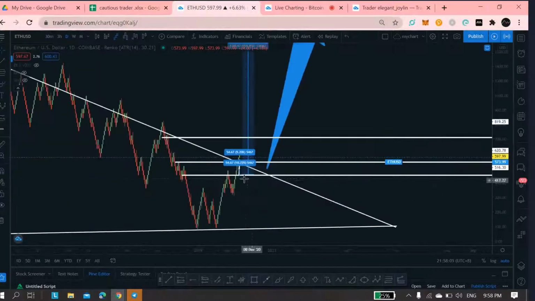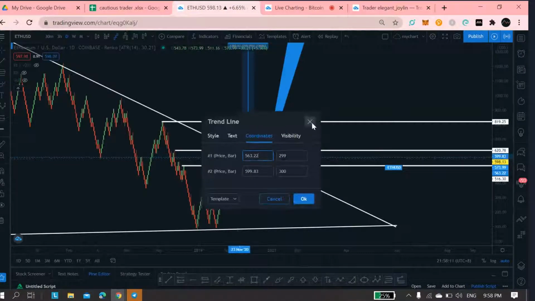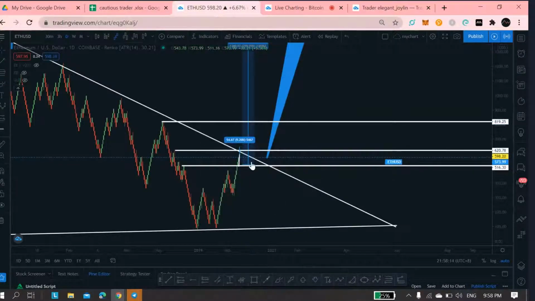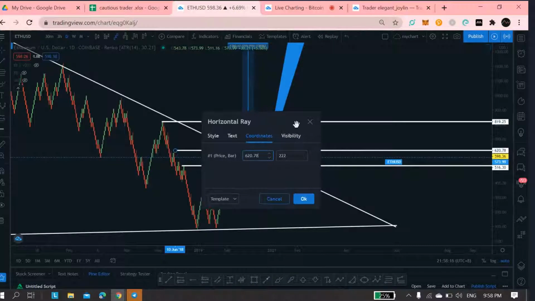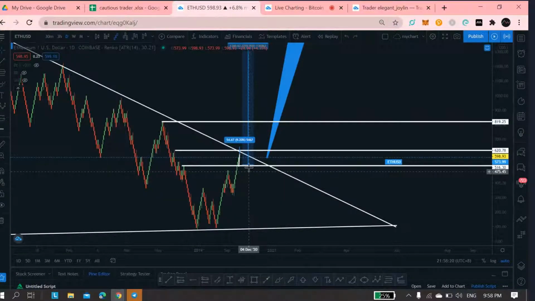Currently at this area, wait, let me just delete some of this, because I used it a while ago using the candlestick. Oh, I deleted the wrong horizontal area.